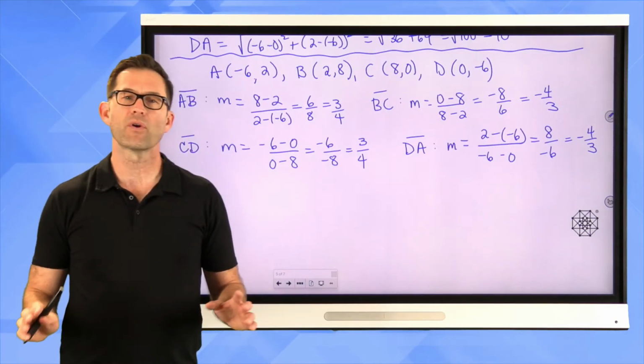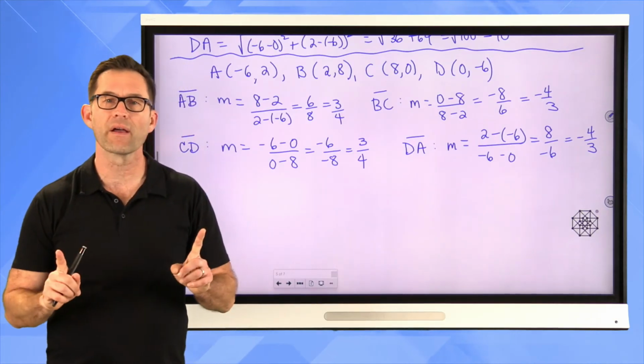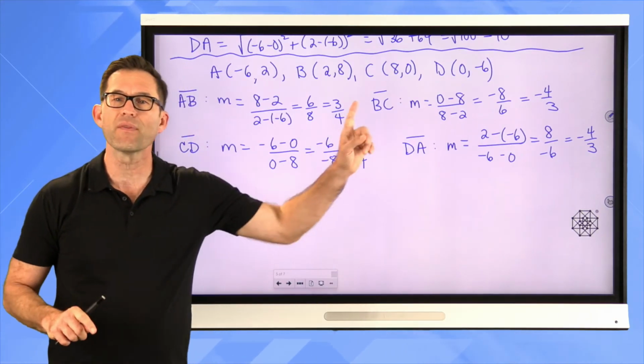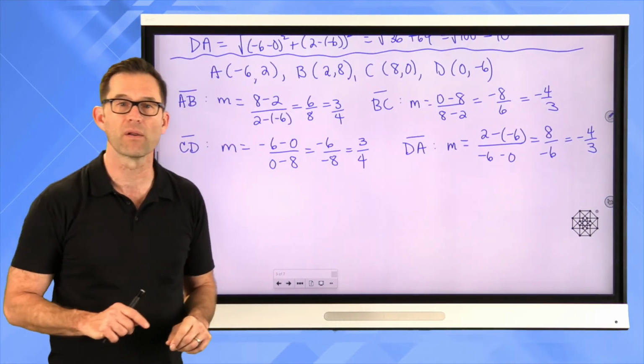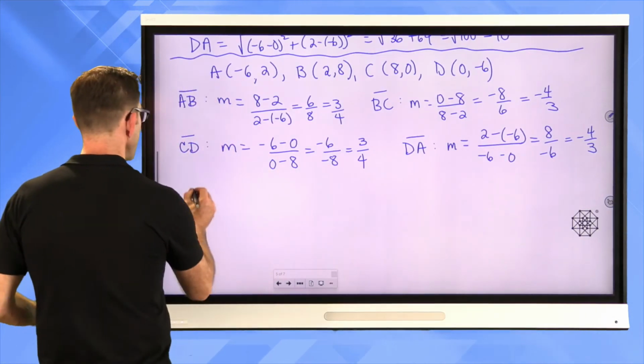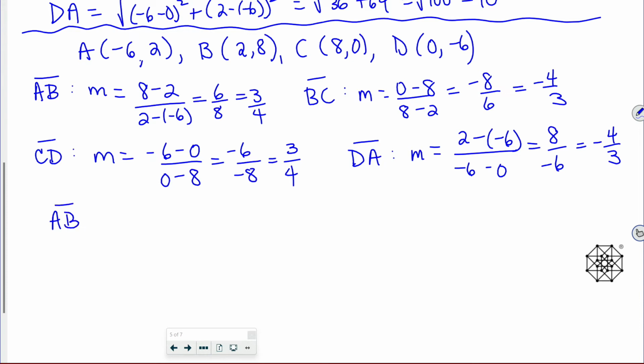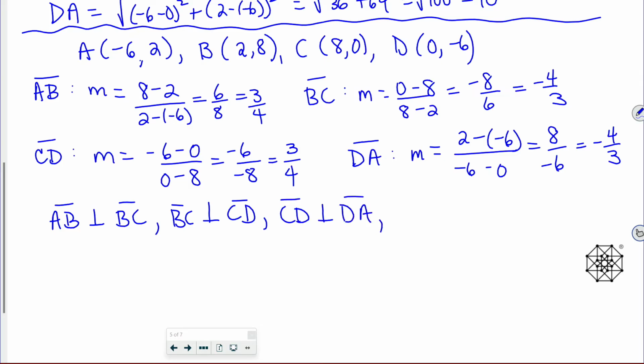Now keep in mind, what I'm trying to do is prove that I have 4 right angles, right? So this isn't about these slopes being equal and these slopes being equal. That would be true if I was trying to prove it was a parallelogram. What I want to now say is that AB is perpendicular to BC, BC is perpendicular to CD, CD is perpendicular to DA, and finally DA is perpendicular to AB, right?